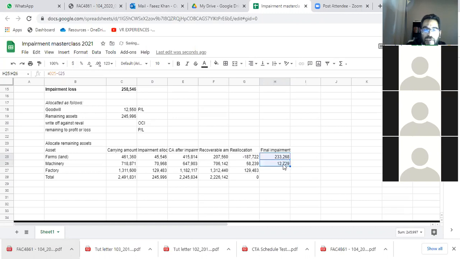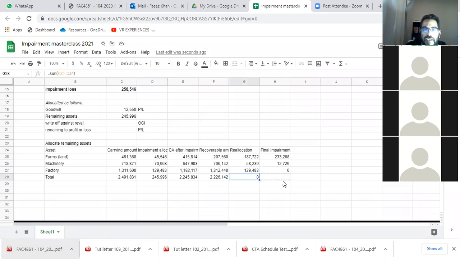So as you can see, you want it to be 70 minus 58, which gives us 12,000. And then same thing over here. What do you expect this to be? You expect this to be 0, because initial impairment minus reallocation is exactly the same. So you want it to be 0, which makes sense.